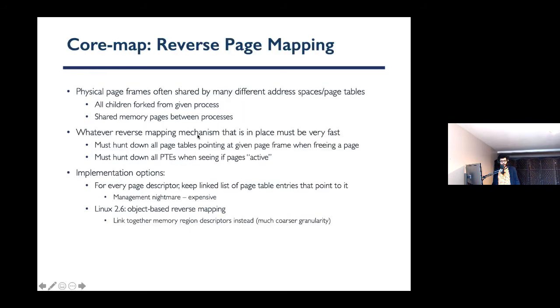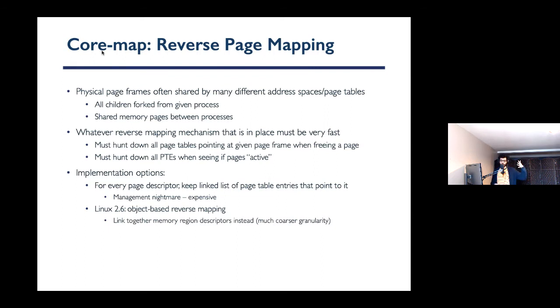Yeah, this is also important. So this is the last topic when it comes to memory management. After talking about caching and then physical memory allocation, the last topic that you have to take care of when it comes to memory management is the reverse page mapping.